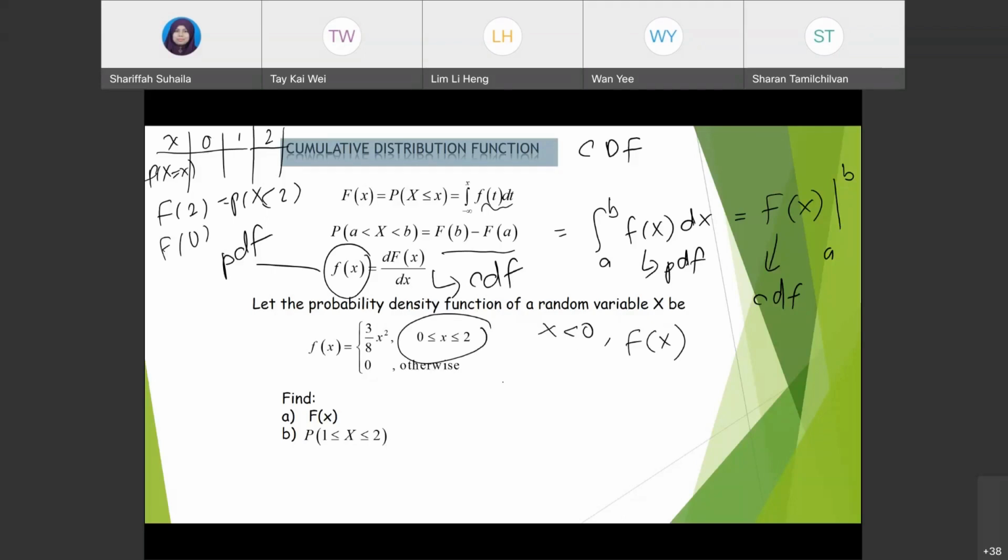Your f(x) is only defined between 0 and 2 for 3/8 x squared; otherwise it should be 0 density.